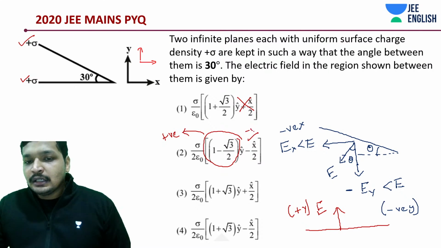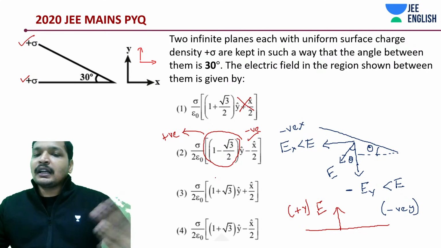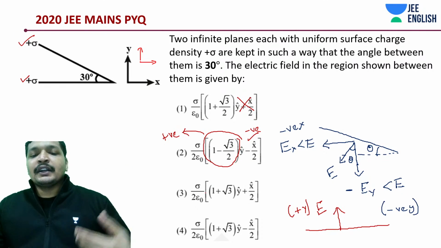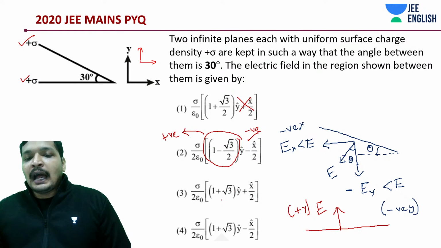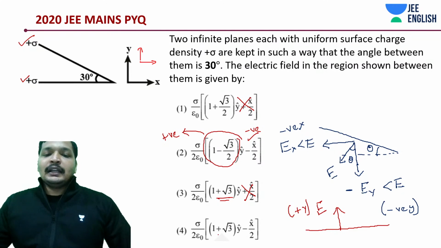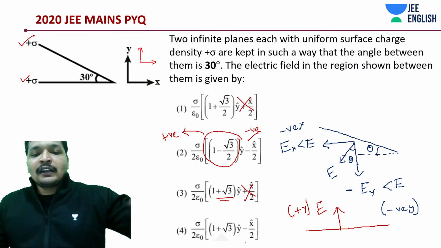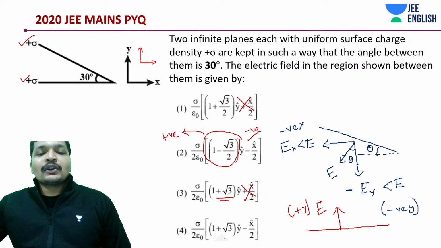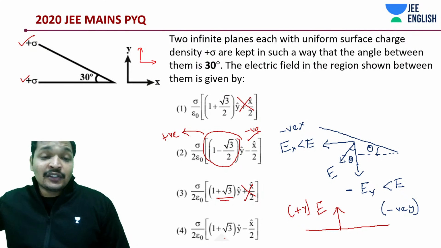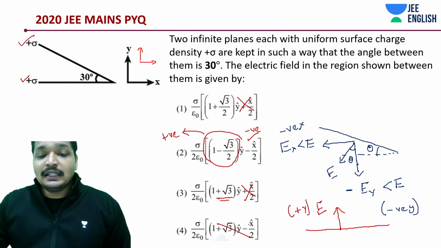Okay, so somewhat it's matching what we are trying to intuit. And coming to this part, this is added y or something, but this is positive x, absolutely wrong. This added y is larger than the electric field as such. If you think about it, it's like root 3 plus 1, 2.723. Of course, this cannot be the answer.